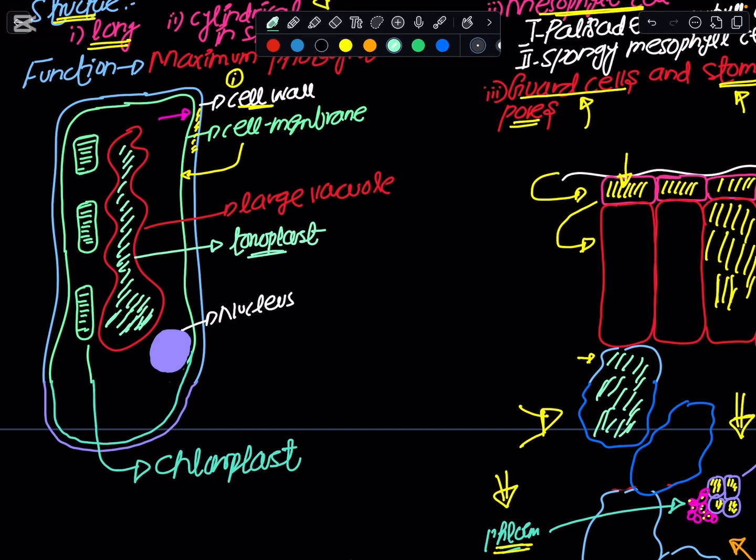Now this is the same as the cell membrane we have below the cell wall, but we have to be clear to what membrane we are referring to, and if I am referring to the membrane of the large vacuole, the word becomes tonoplast.